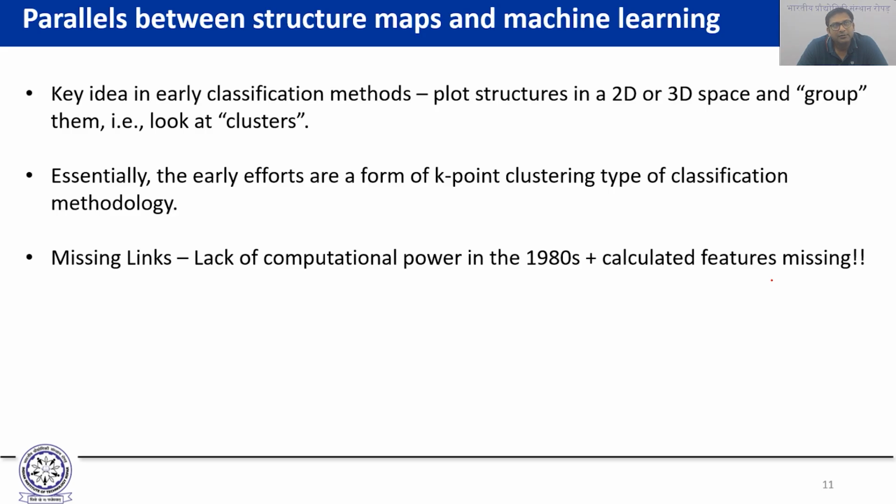Now, all of this work was done in the 1980s when the computational power was not much compared to what we have today, and therefore there were a lot of missing links due to the lack of computational power. So essentially people were looking at rather simple features or just the value of the elemental feature itself, and they were not really doing too much of the calculated features.